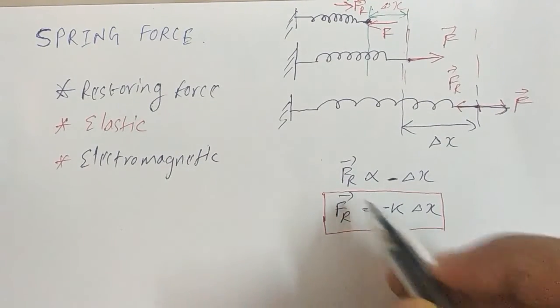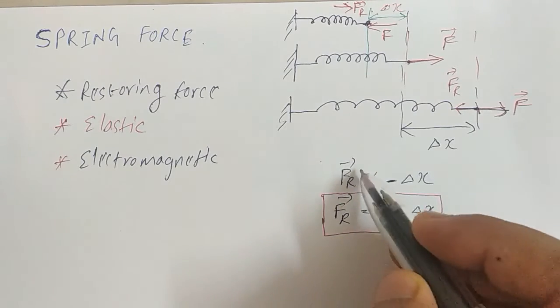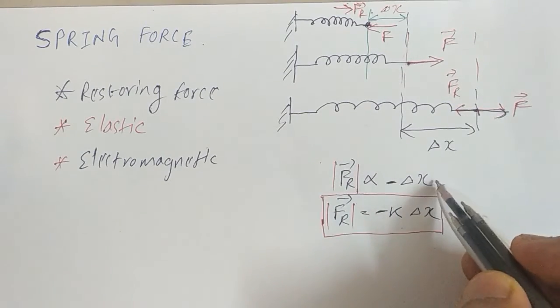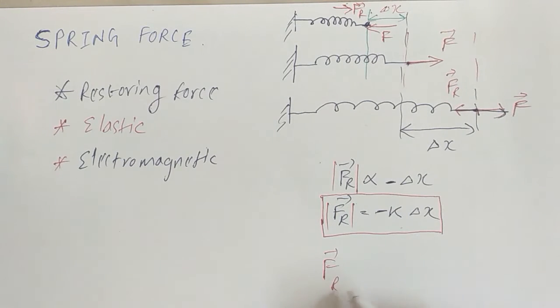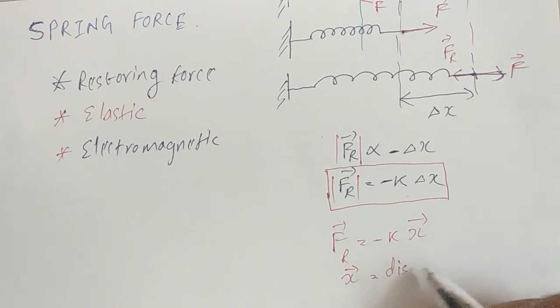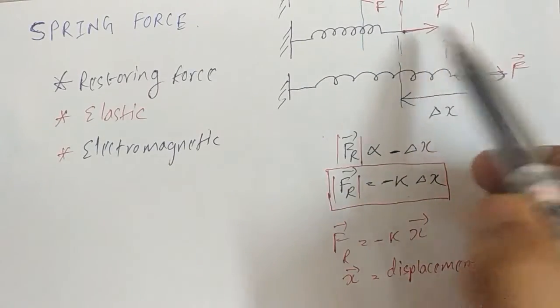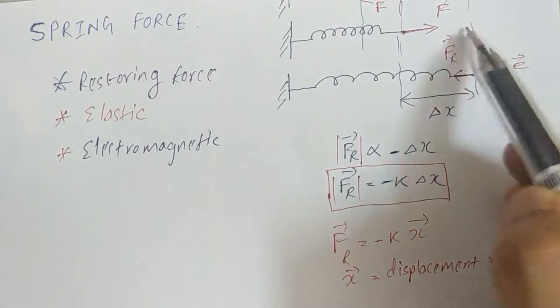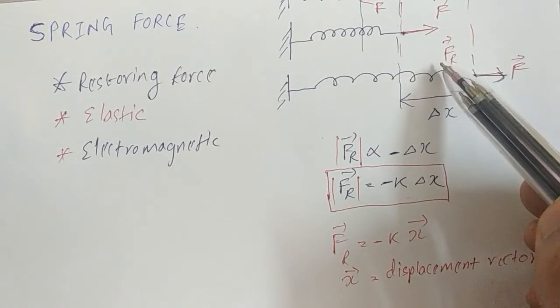Note that in this situation, if you take this change in x, then the force magnitude needs to be considered, and the vector equation can be given as F = -kx. This x vector is a displacement vector, such that if it is getting extended, then the vector is pointing in this direction and the restoring force is pointing in this direction.